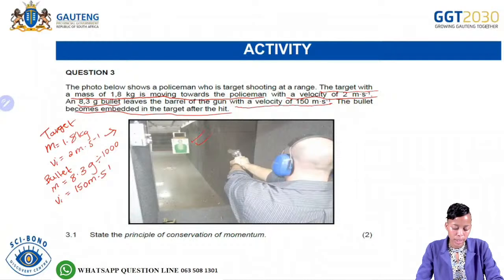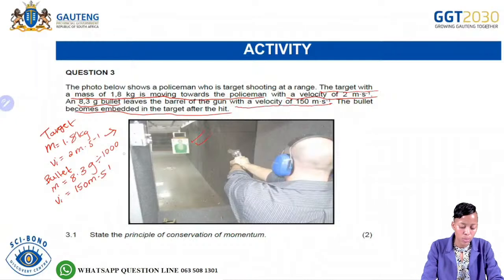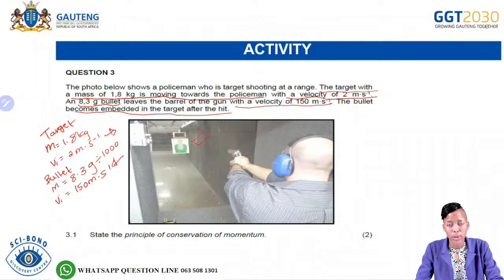So where is the bullet facing? The bullet is facing in the opposite direction of the target. So we can say that the bullet is traveling to the left or due west. Okay, so that is the information that we have.